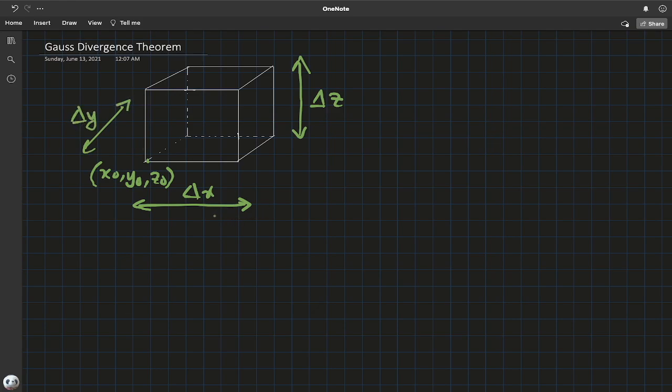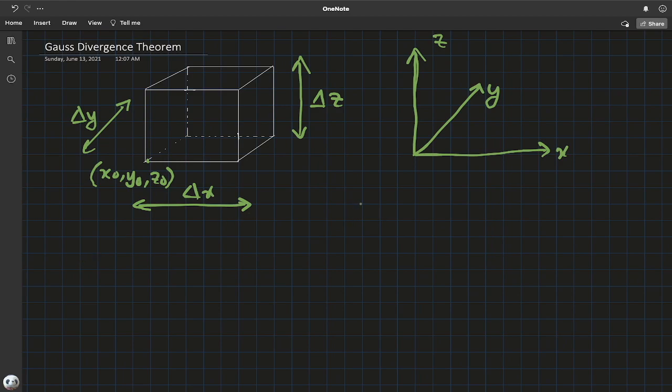And you can notice that all of these are in the appropriate direction of the axes. So if I draw quick axes here, this will be z, this is x, and that is y. We are in a three-dimensional space here.